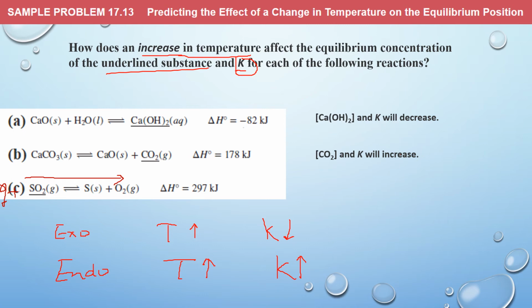We will shift it to the right, so more of the sulfur dioxide will be consumed. So the concentration of sulfur dioxide will decrease, but K will increase, as we determined earlier. So sulfur dioxide will decrease, but the K value will increase.